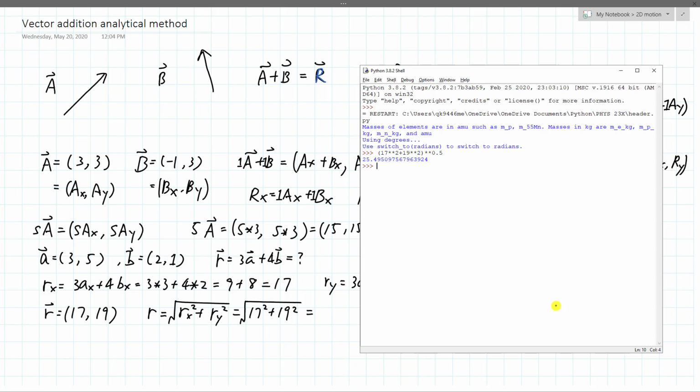And then I also want the arctangent, or inverse tangent, of the y component over the x component. Because the y component is slightly longer than the x component, I expect something slightly more than 45 degrees, where the x and y components are exactly equal in length. So we have 48.2 degrees. So let's remember that, 48.2 and 25.5.